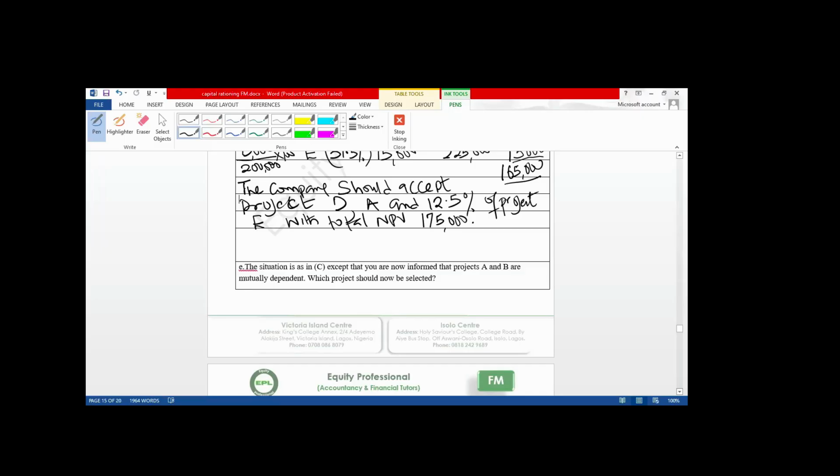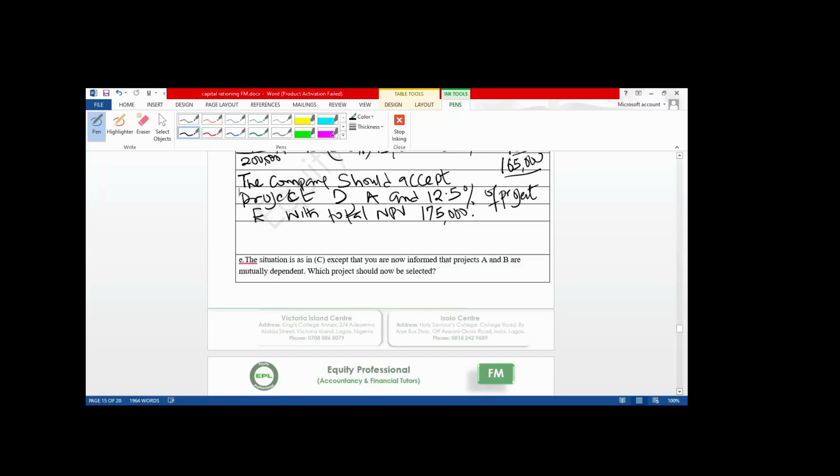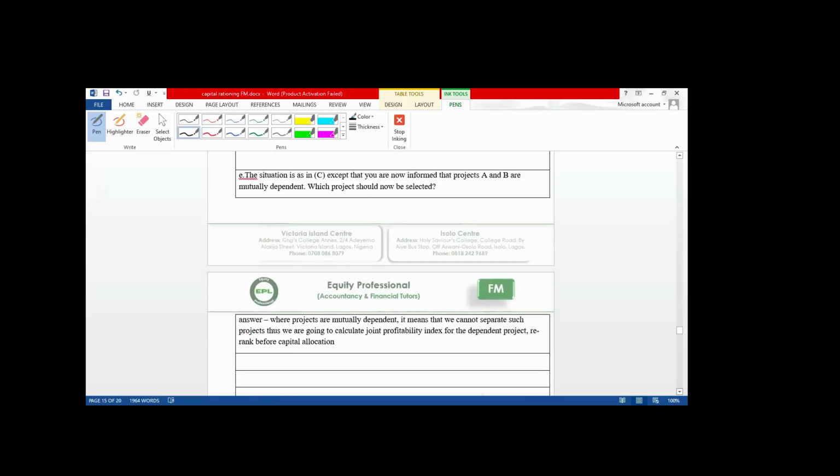Which project should be selected? If projects A and B are mutually dependent, it means we cannot separate such projects. The projects will be treated as one.